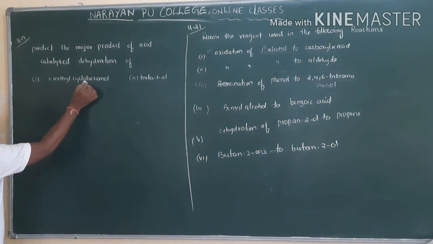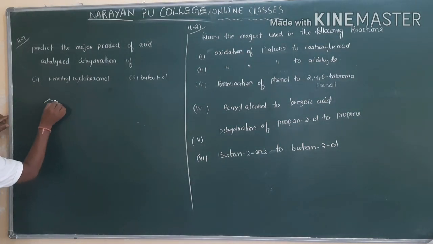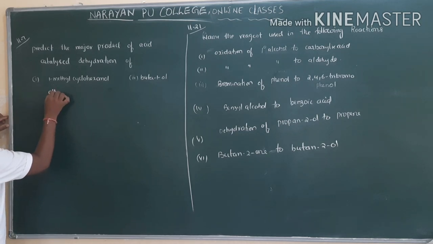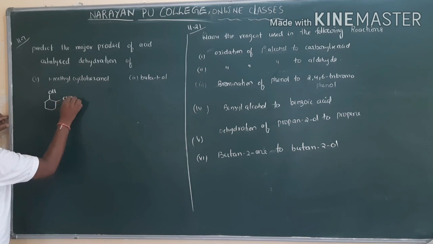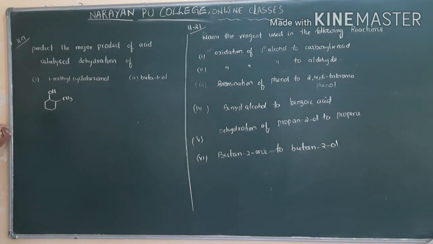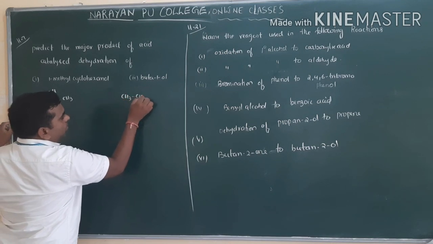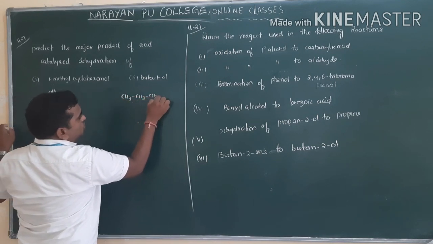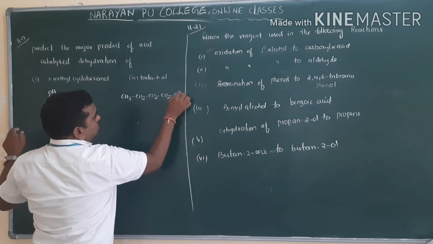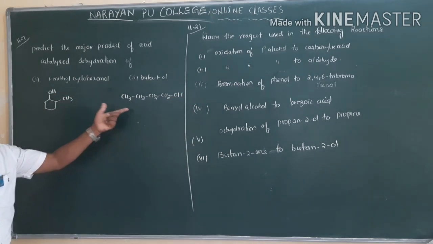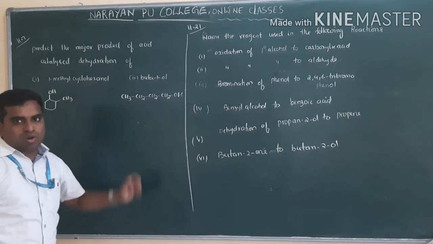So here, 1-methyl cyclohexanol. This is cyclohexanol, and at the first position there will be a CH3. And the second one they have given butan-1-ol, which means CH3CH2CH2CH2OH. So you have to do the dehydration, then what product will you get?